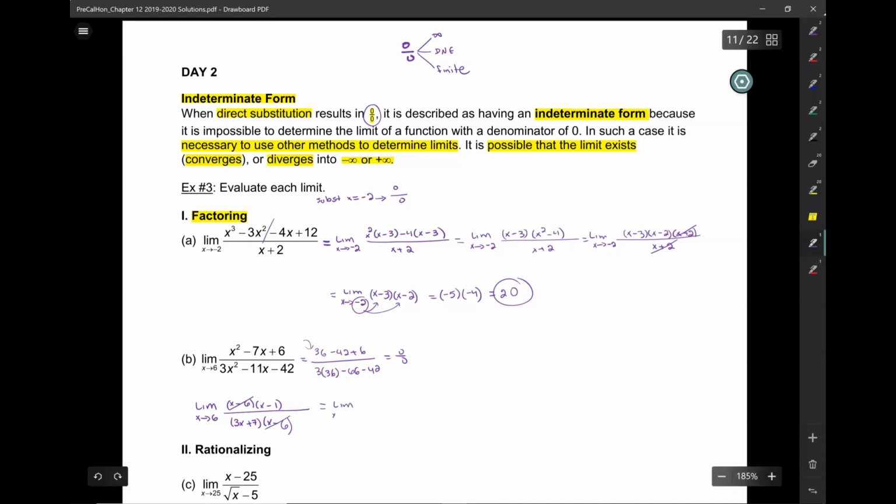So this is the limit as x approaches 6 of (x minus 1)/(3x plus 7). Let's plug in the 6, so we drop the limit. 6 minus 1 on top, 3 times 6 plus 7 in the denominator, and that gives me 1 over 5.